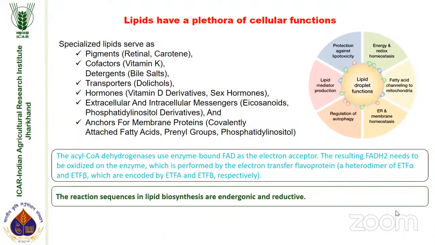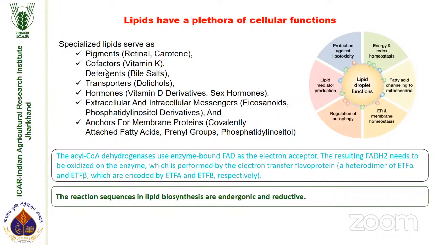Visible and clearly audible. Okay, so basically lipids are very important biomolecules, and they are part of very noticeable components. Like you have various pigments in the eyes; cones and rod cells have different pigments.